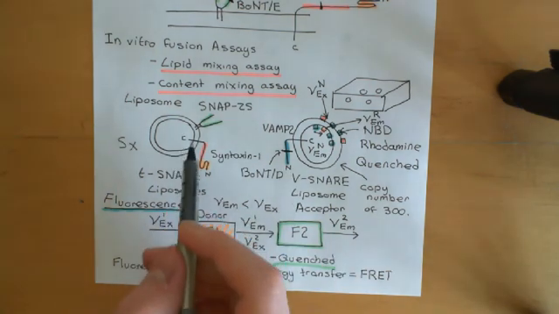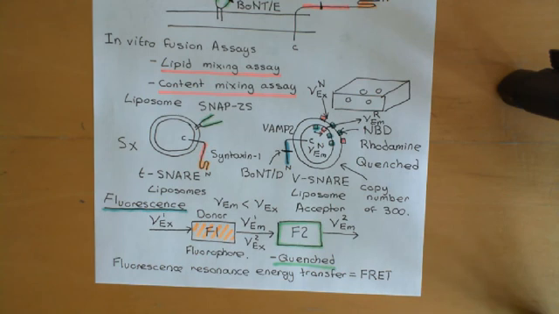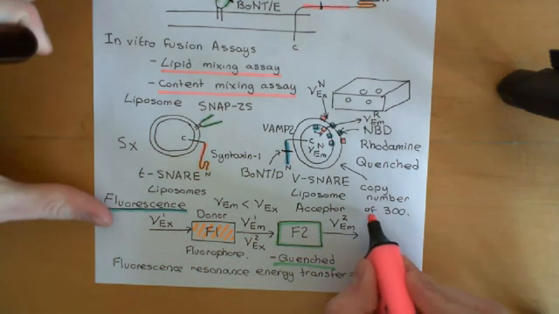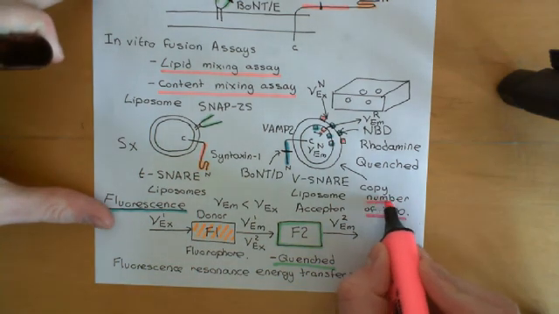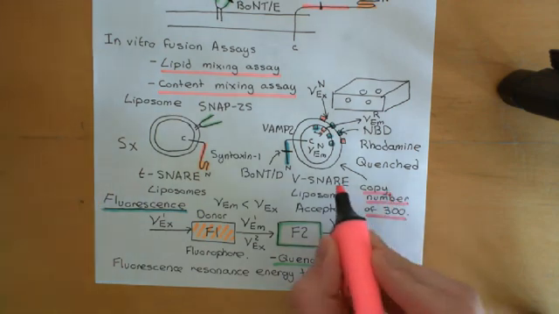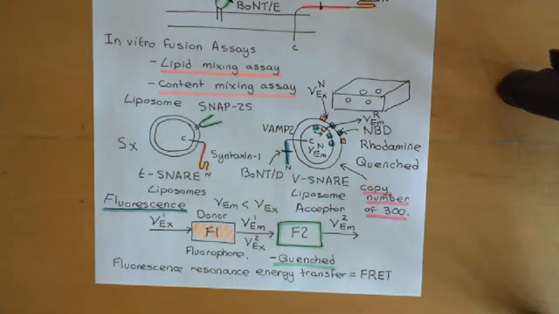These proteins on their own are powerful enough to fuse these two liposomes together. However, bear in mind that you have to take it to a 300 copy number of VAMP2 in those liposomes in order to get this fusion, which is non-physiological.